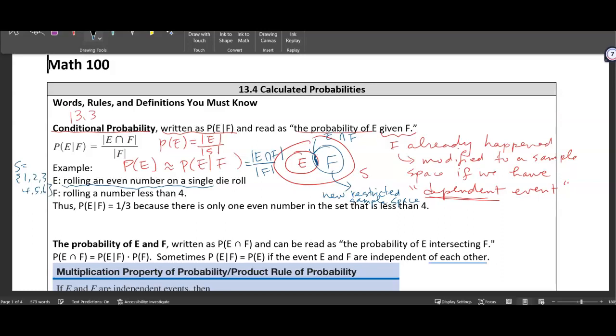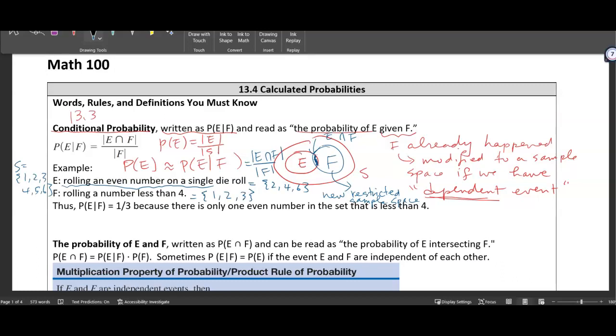This event E is a subset of the sample space fitting the description of even numbers, so that's 2, 4, and 6 only. And F is another event: rolling a number that's less than 4. In the sample space we have 3 numbers less than 4, which are 1, 2, and 3.